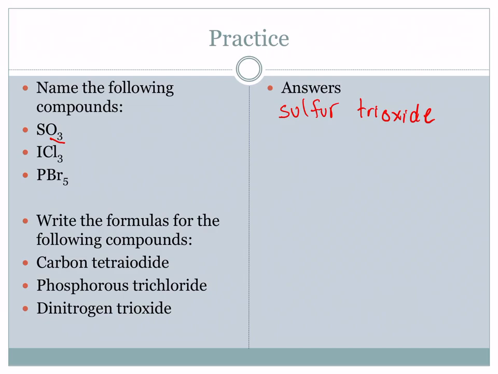Notice the difference between the I and the L there. I is iodine, 3 again is tri, and it's chloride. All right, PBr5. P is phosphorus. Five is penta, so it'd be phosphorus pentabromide.